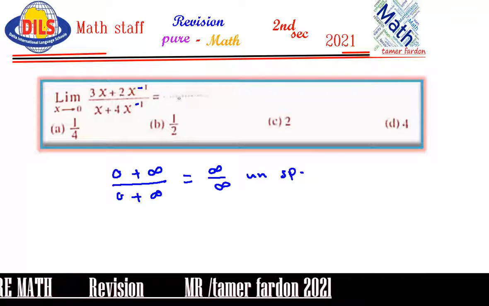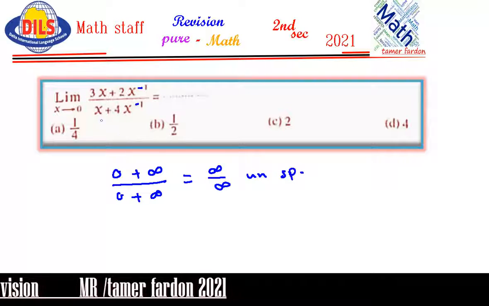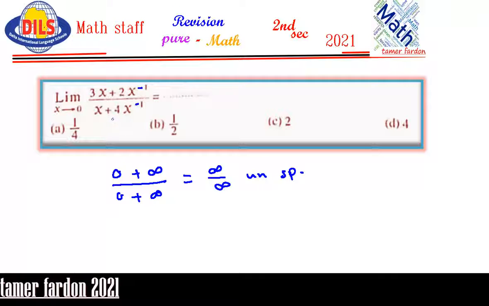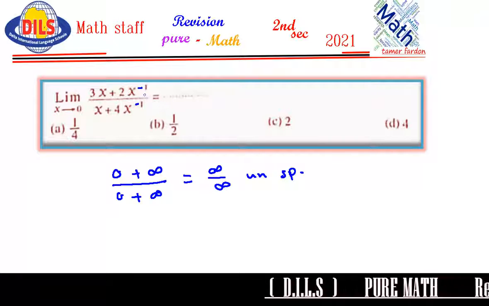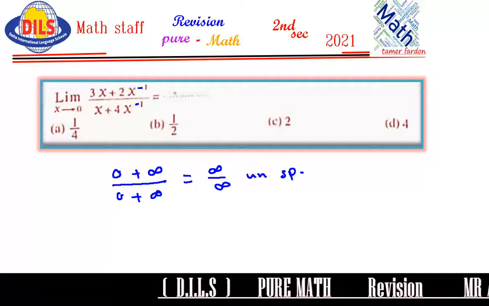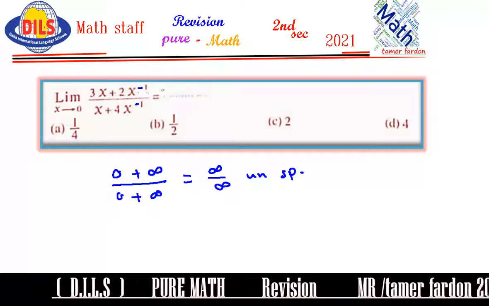So we have to remove the zero factor between the numerator and the denominator. We can do that by taking x power negative 1 as a common factor.